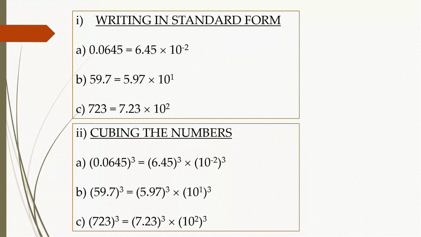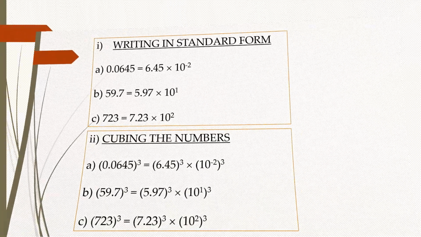And then the rest part, which is 10 raised to power n, where n is an integer, we just cube that and we just multiply the powers of 10. So it will not be very hard, because negative 2 is a power multiplied by another power 3, finally we shall see that it will be negative 6, and the rest follows.